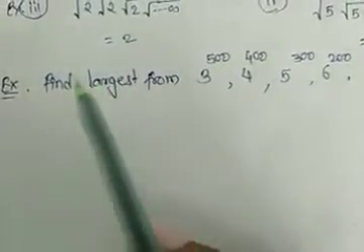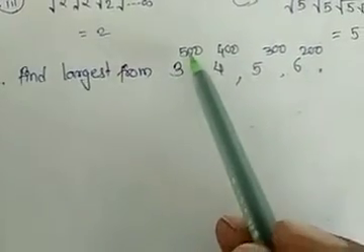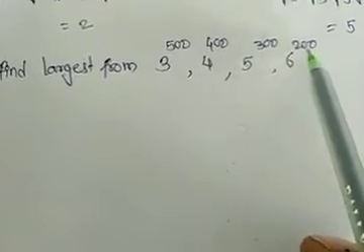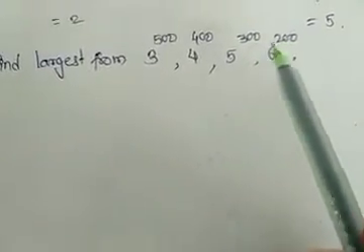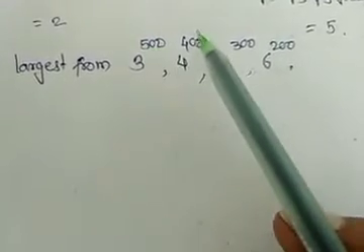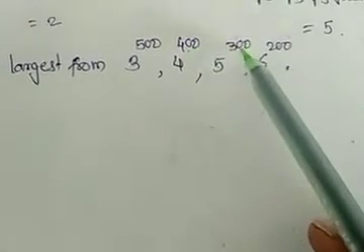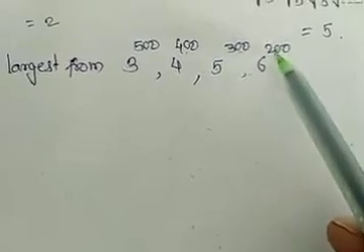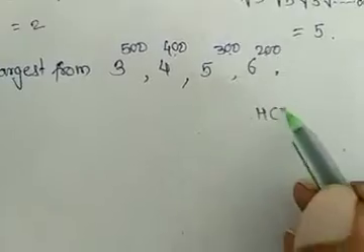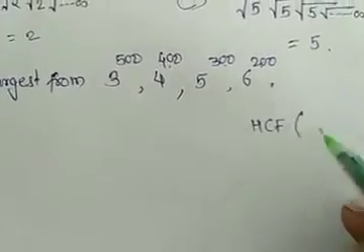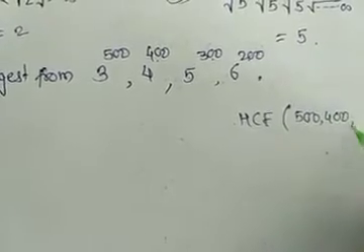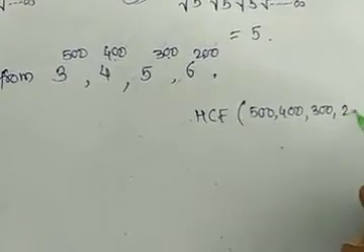Consider the next example. Find the largest from 3 raised to 500, 4 raised to 400, 5 raised to 300, 6 raised to 200. In this type of example, here the power term is 500, here 400, in the next it is 300, in the next it is 200. We have to first find the HCF, the highest common factor, of 500, 400, 300, 200.